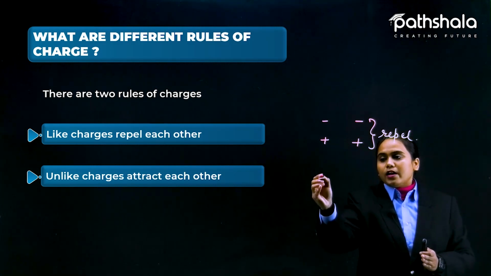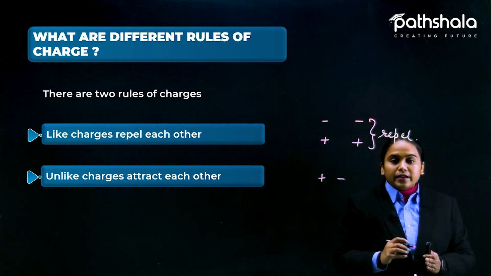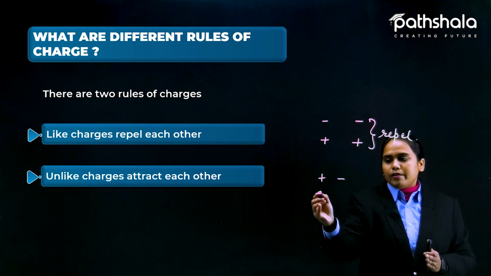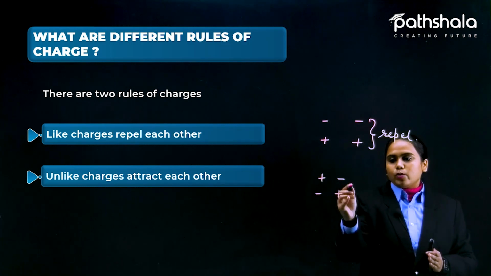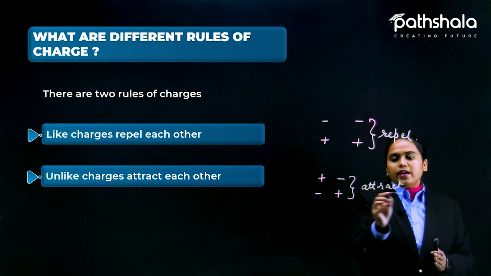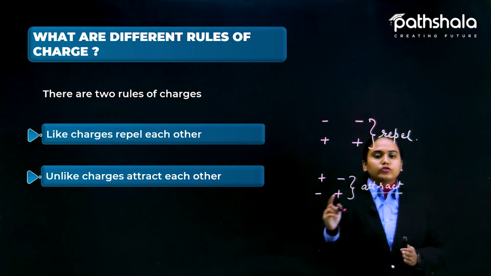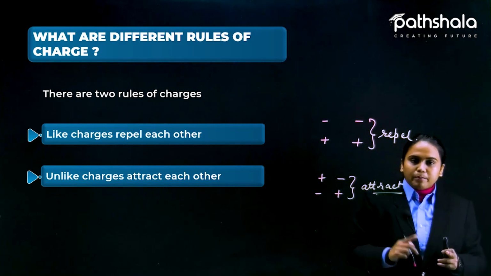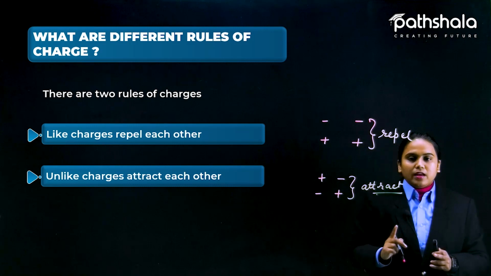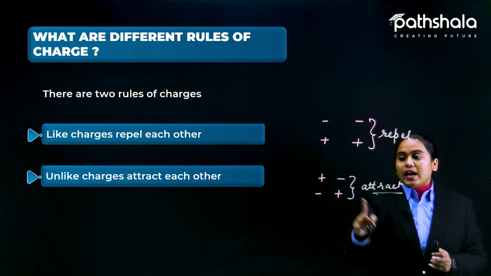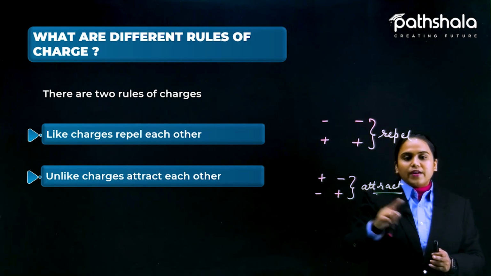Now, if we are taking unlike charges, like one positive and one negative, if one is negative and another one is positive, they will attract each other. So this is the rule of charges. Negative and negative will repel, positive and positive will repel. That means like charges repel each other and unlike charges attract each other.